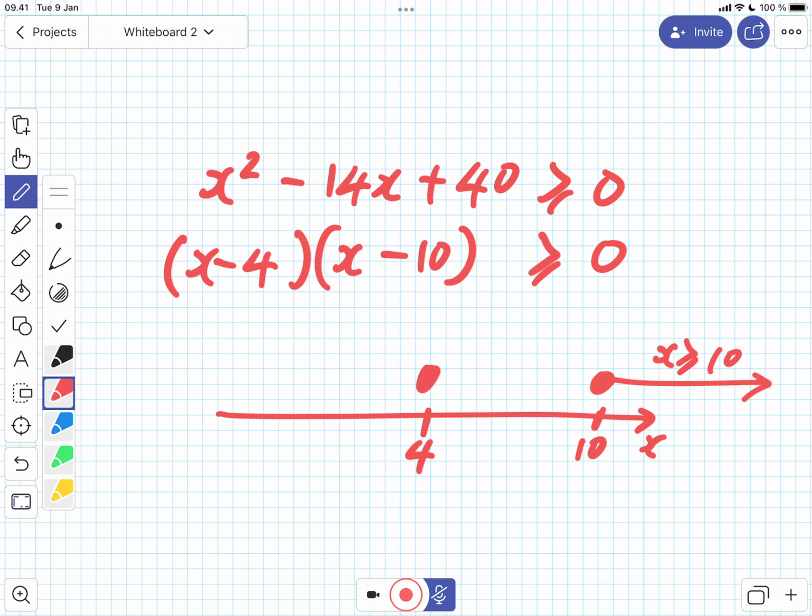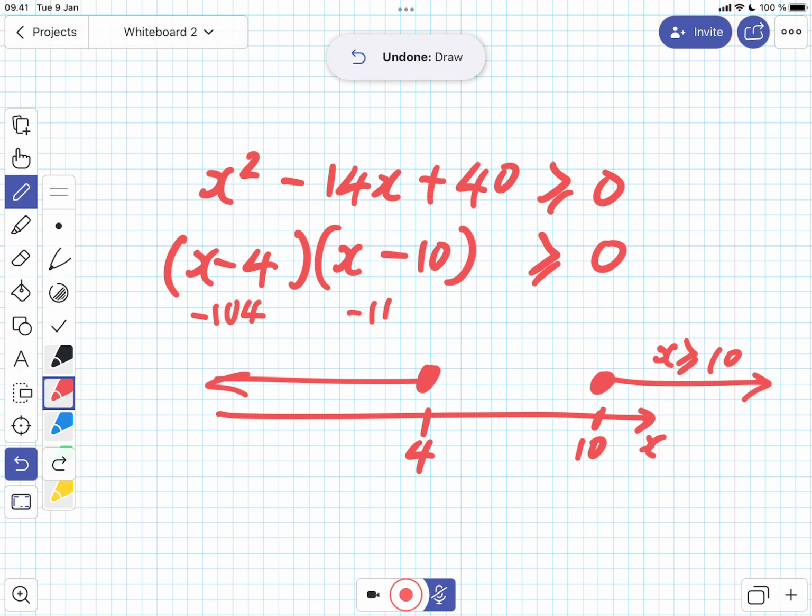And then let's think about down this end. So let's think about when x is minus 100. When x is minus 100, you get minus 104 times minus 110. So two very big negatives multiplied together would give you a positive.